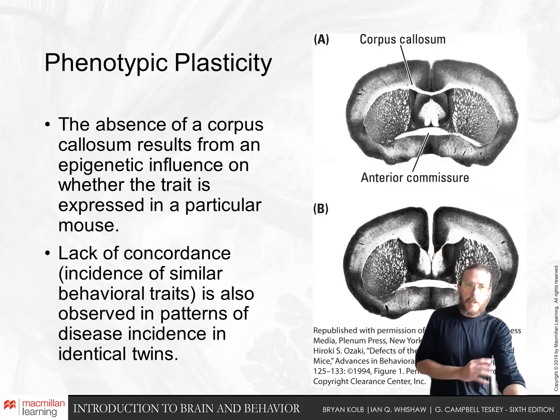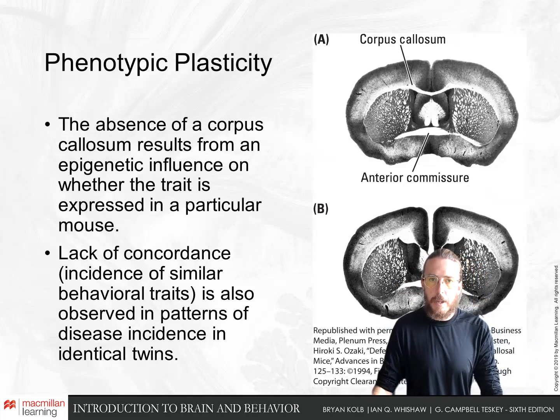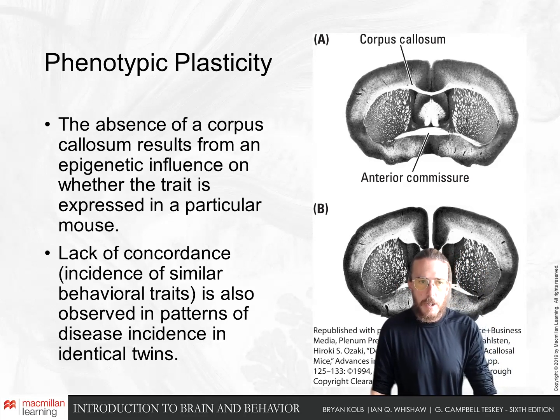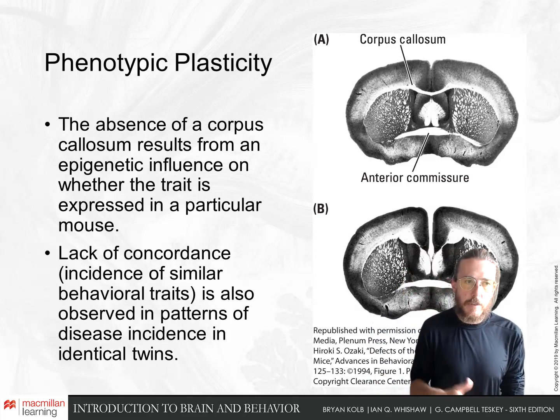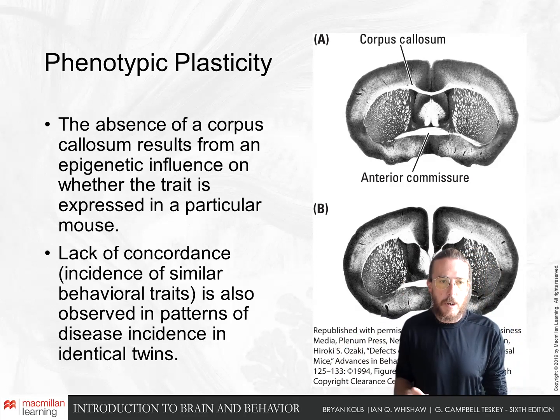So these are two cloned animals that were given different environmental influences, and one came to develop a corpus callosum and one didn't. And so the same genes can lead to different phenotypic expression based off the environmental exposure of the animal.